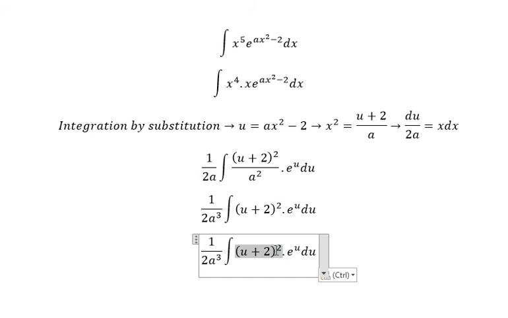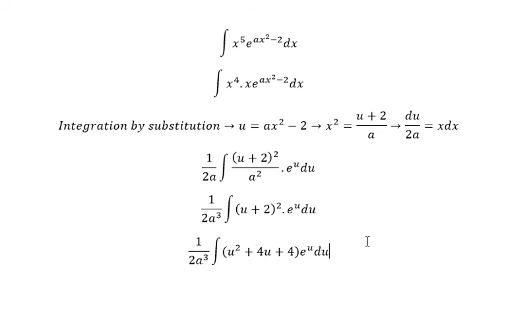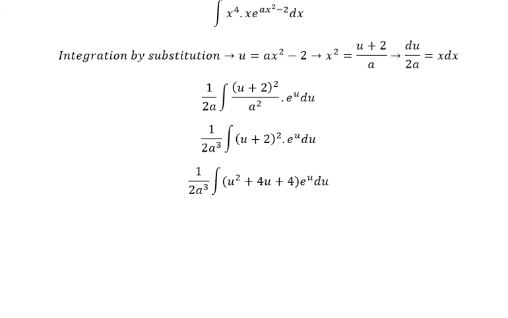Next, this one we need to expand. Next, e to the power of u multiplied with number 4 for u and u square.